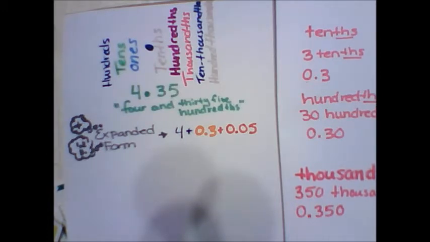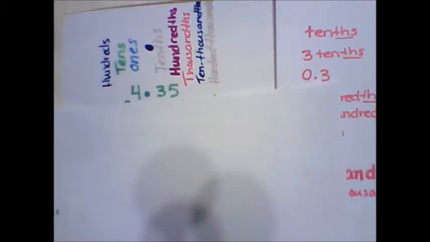So now that we talked a little bit about expanded form, let's do another example of actually saying a number and putting it into expanded form. I'm going to make it a little bit more challenging. We're going to start at the hundreds, and we're going to go all the way out to the thousandths place. And I'm going to keep 4 and 35 hundredths up so that we have something to refer back to.